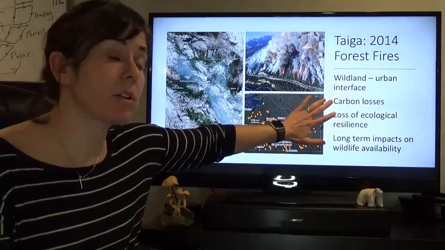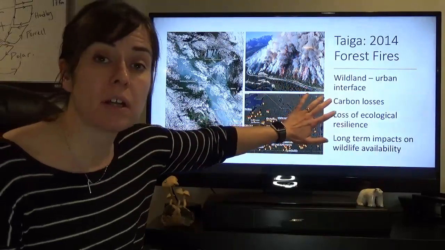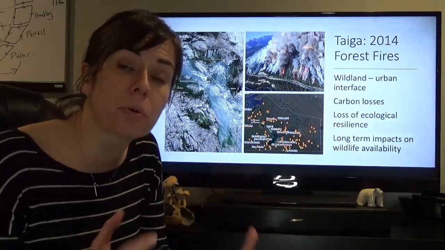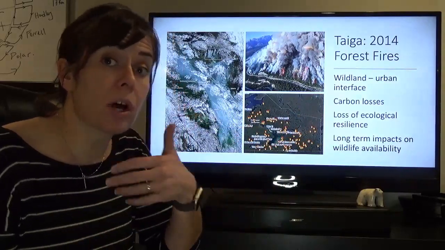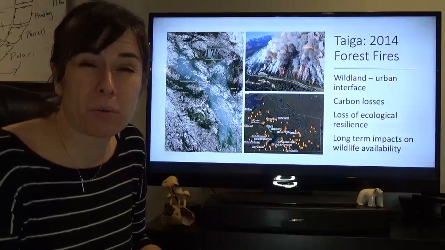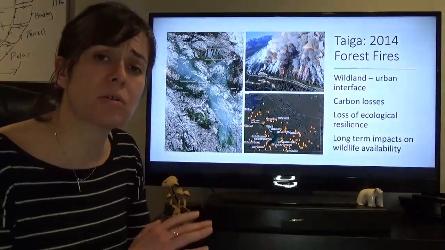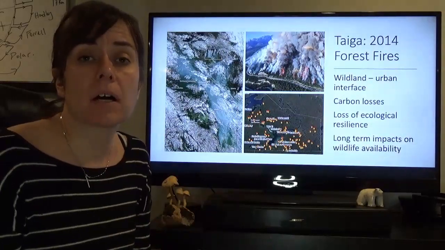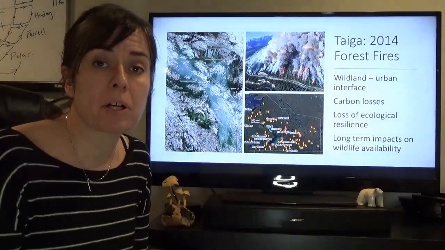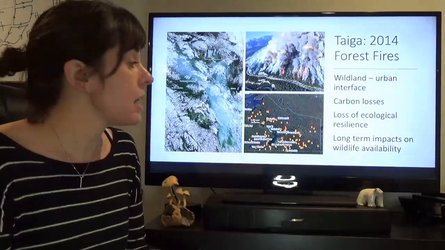So massive losses both during the fire and following the fire because of smoldering of peat soils. So losses of legacy carbon, old carbon that's older than the stand. We've seen loss of ecological resilience, so transitions of one forest type to another in response to these severe wildfires.